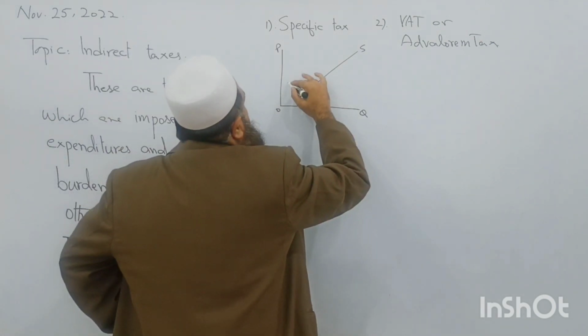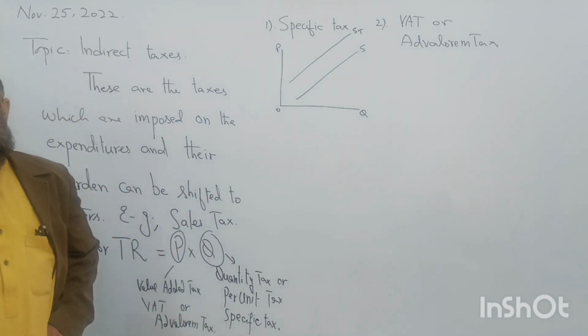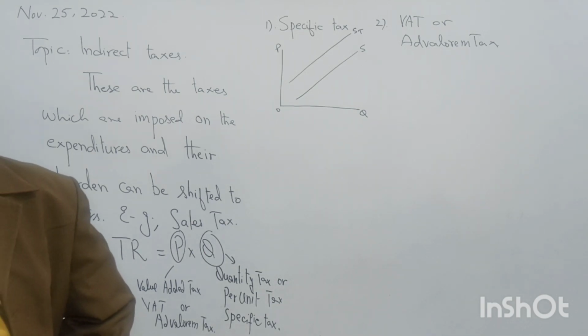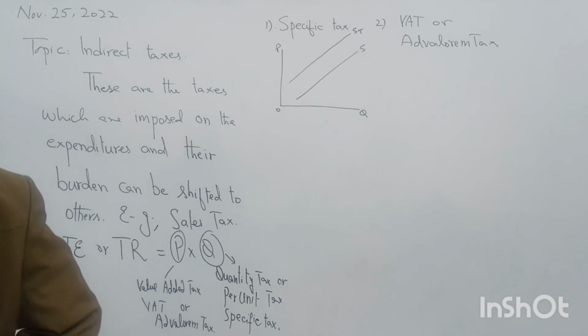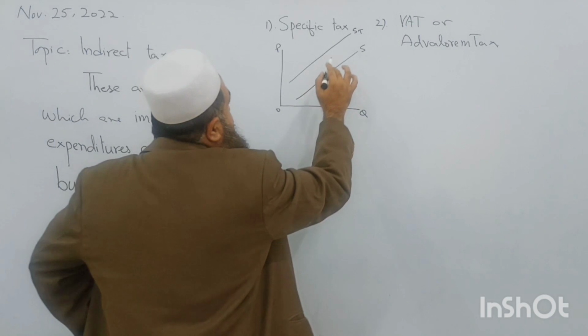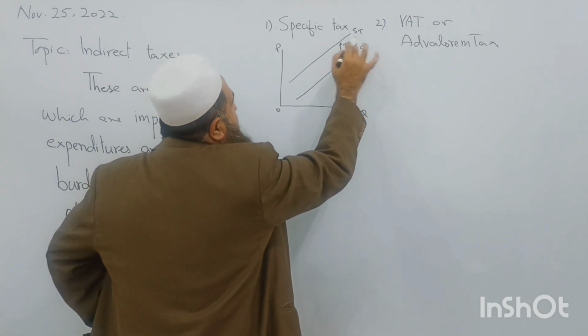So when tax is imposed, supply will have a leftward shift. It is same like increase in the cost of production of the producer. As cost increases, supply will shift leftward, and now the tax is imposed, the supply will again shift leftward. The gap between these two supply curves, that is the amount of the tax.